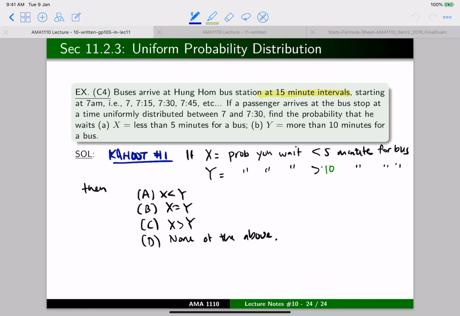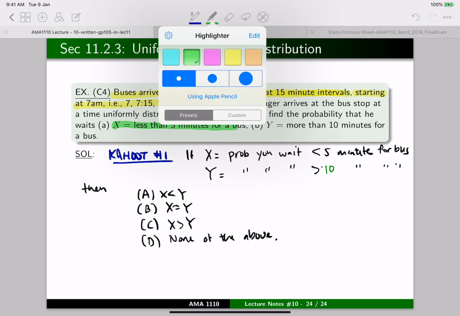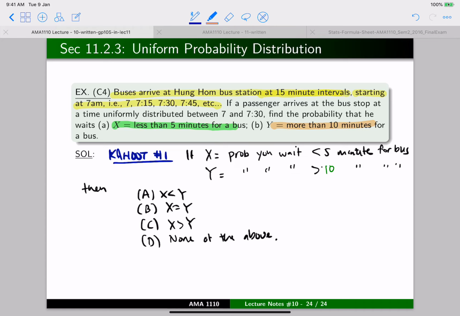Suppose buses arrive at a bus station at 15-minute intervals, starting at 7 a.m., 7:15, 7:30, 7:45, etc. Now, if a passenger arrives at the bus stop uniformly distributed between 7 and 7:30, find the probability that he waits less than 5 minutes for the bus, or more than 10 minutes for the bus.